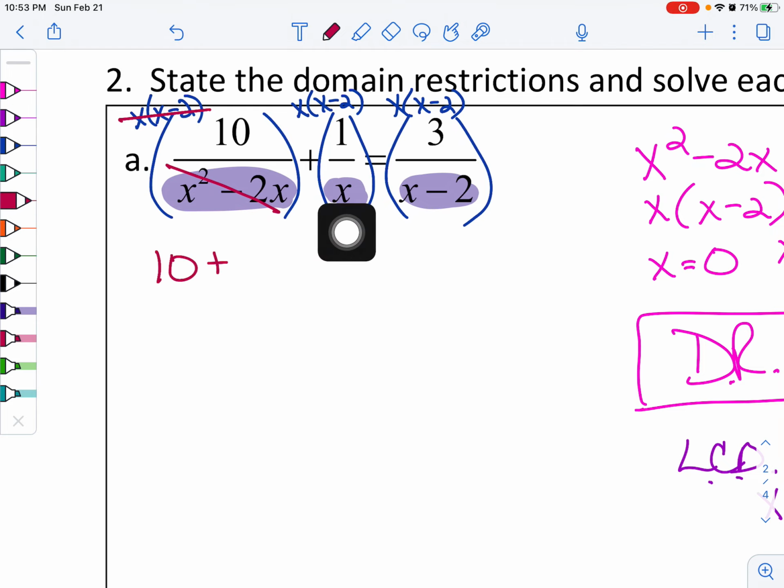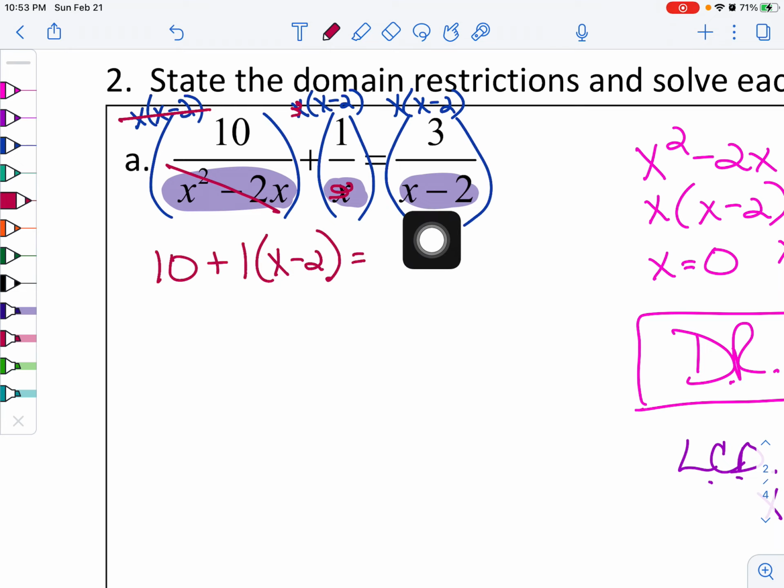Now I'm going to put a plus sign, because that's what my fractions were doing. We're adding. I'm going to move on to the next fraction. So in this case, I can take this denominator of x and divide it with this x that I'm multiplying by and just get rid of those two pieces. So what's left is this numerator of 1 times x minus 2. So 1 times x minus 2.